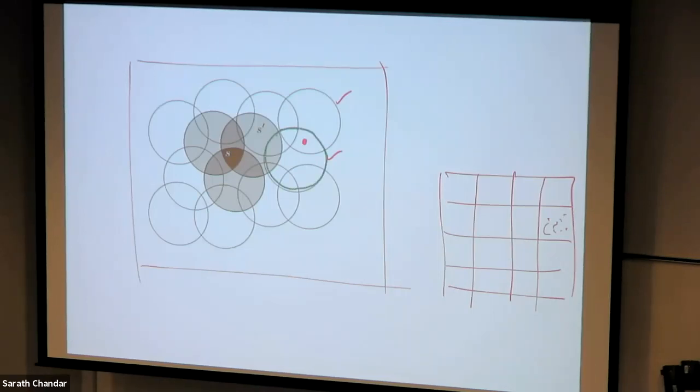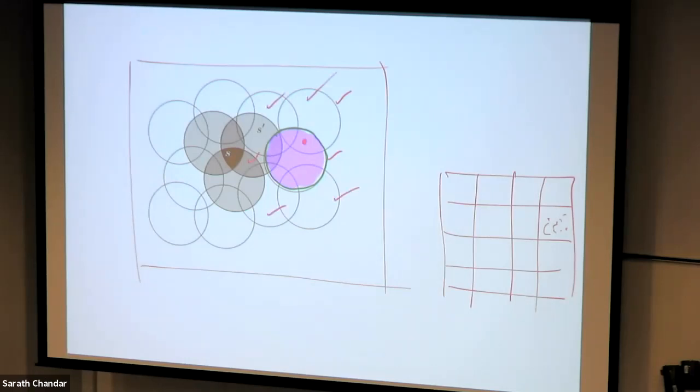Maybe it's easier if I highlight. Let's consider this particular circle. Now this circle actually shares knowledge with this circle, this circle, this circle, this circle. It shares knowledge with various circles.